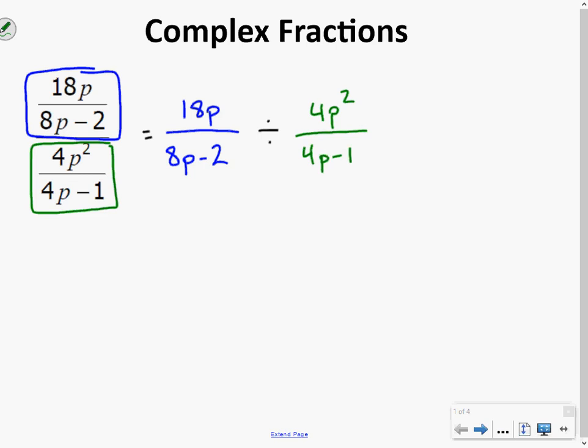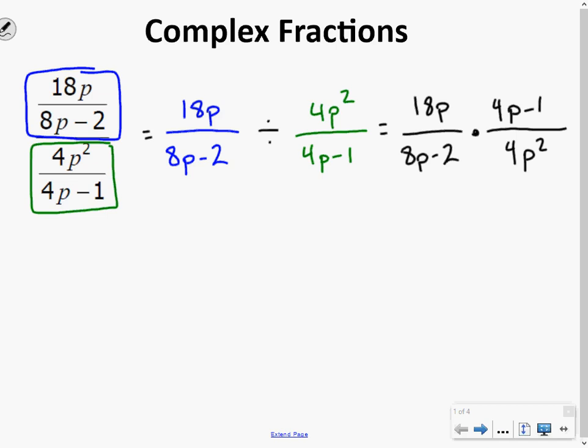Well, and then from there, we know that instead of dividing by that second rational expression, we really want to think of it as multiplying by the reciprocal. So now we really have 18p over 8p minus 2 times 4p minus 1 over 4p squared.